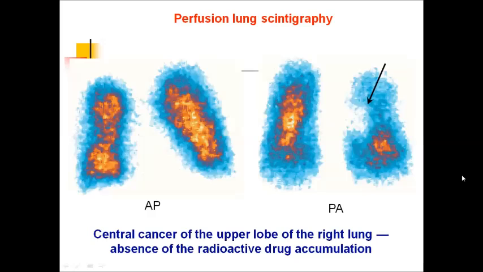Another option in diagnostics of lung pathology is perfusion scintigraphy, using radioactive tracers which are accumulated in lung tissue, and they will not be accepted by cancer cells, and the absence of radioactive drug accumulation will show us the presence of cancer.